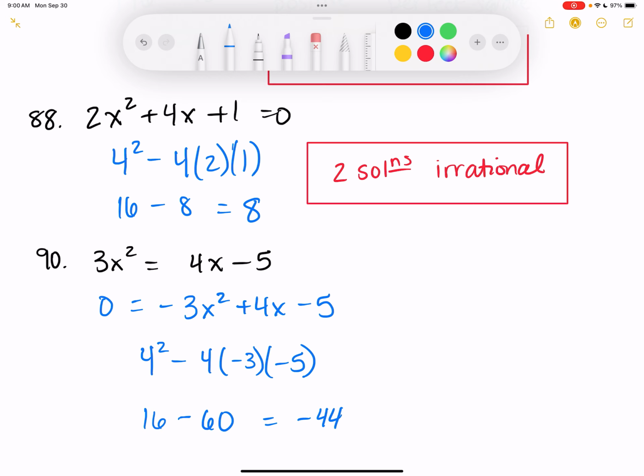So this is negative. That means there are two non-real complex solutions. I'm sure that's how it's worded in the chart. Yeah, it is. Two non-real complex solutions.